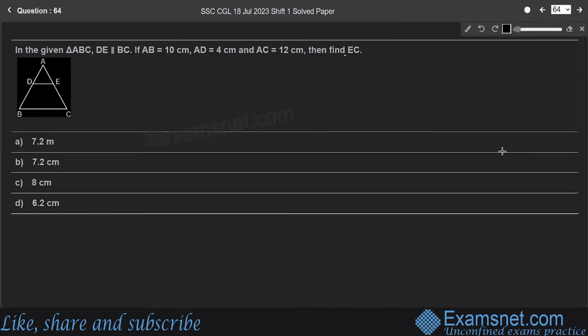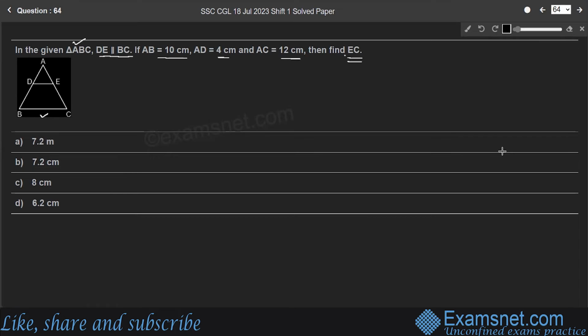Question 64. In the given triangle ABC, DE is parallel to BC, right? AB is 10 centimeter, AD is 4 centimeter, AC is 12 centimeter. Then find EC. Here students, a line is parallel to one of the sides of the triangle, which is BC.